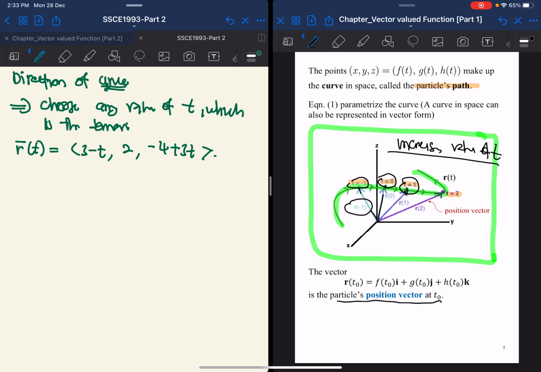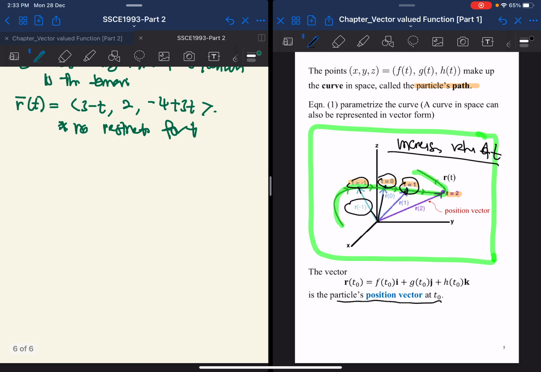So there's no restriction for t; t can be any value. Since the curve should be drawn with increasing values of t, you can decide the value of t, as long as the values are increasing.